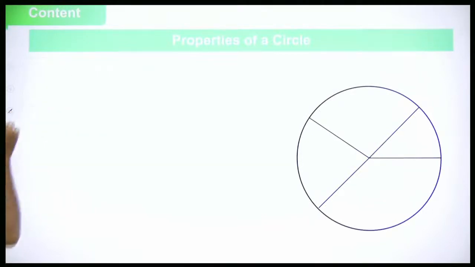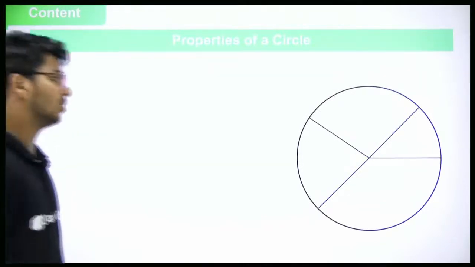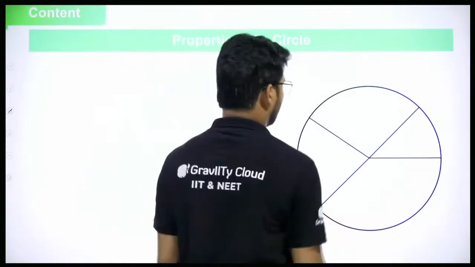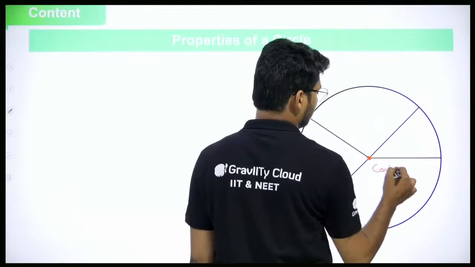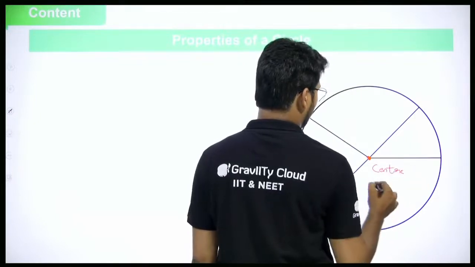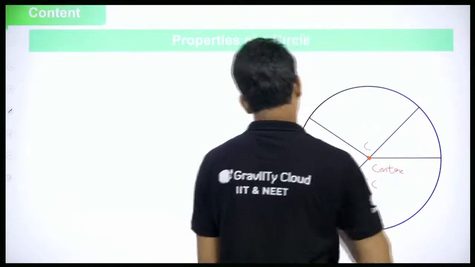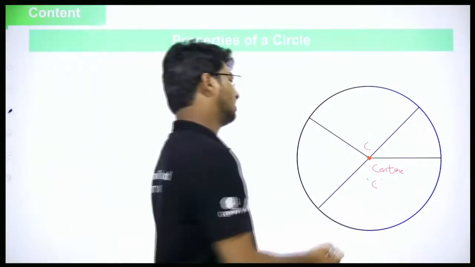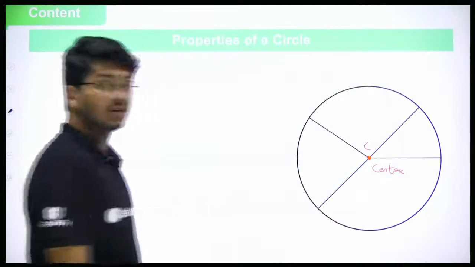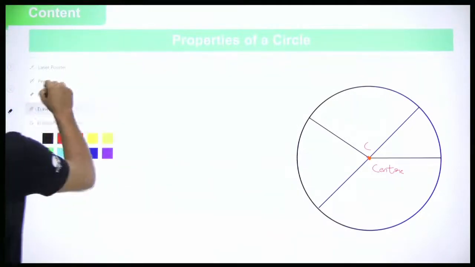Now, very important, we'll be learning about the properties of a circle. So understand this, for every circle there is a point called the center. You can call it C. Now what does the center do? It's just a point. The specialty of a center is that the distance of the center from any point on the circle is the same.